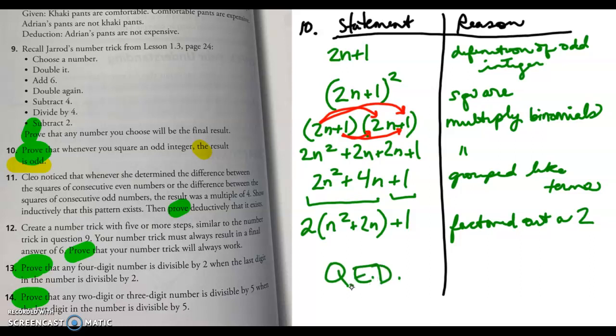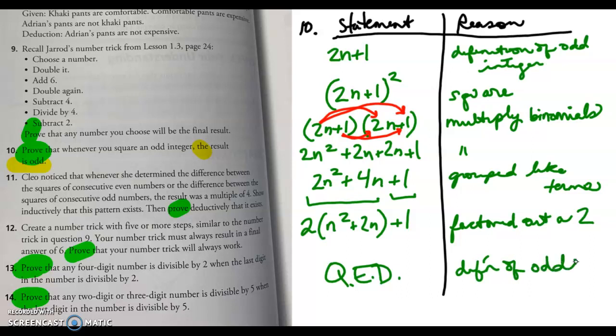It means I have completed showing what I set out to prove. That's a loose translation of the Latin term that stands for. Okay, and how did I know it? That was the definition of odd.